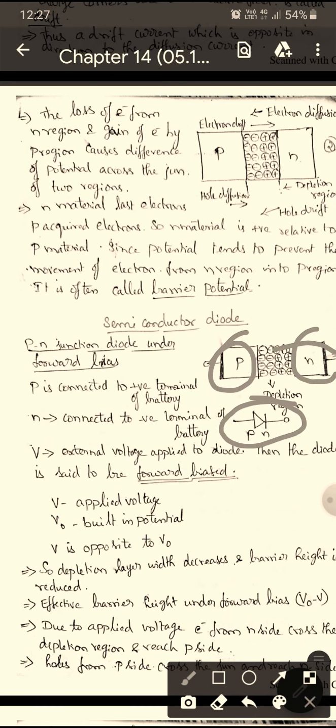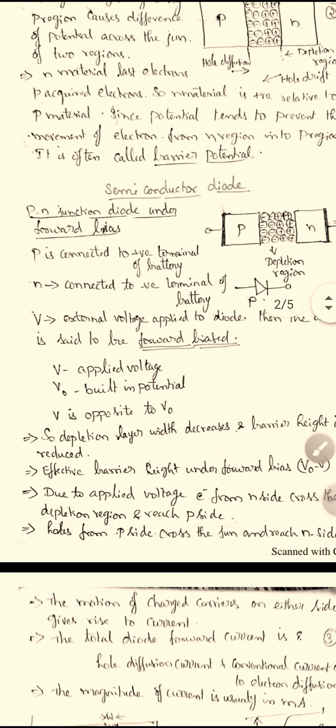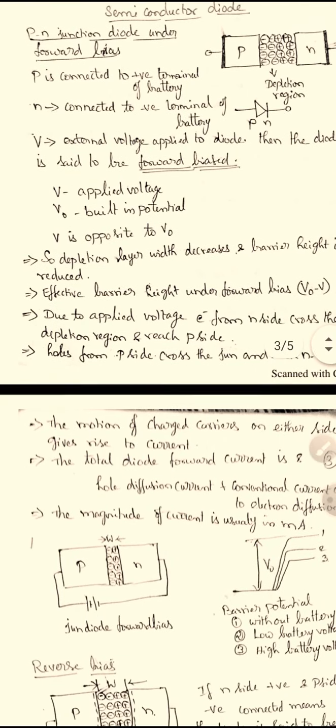The potential V will be the external voltage applied to the diode. Then the diode is said to have forward bias.